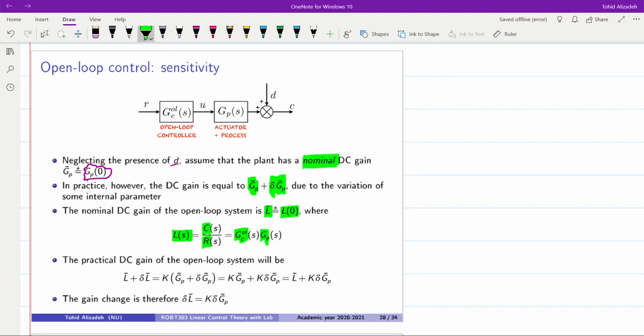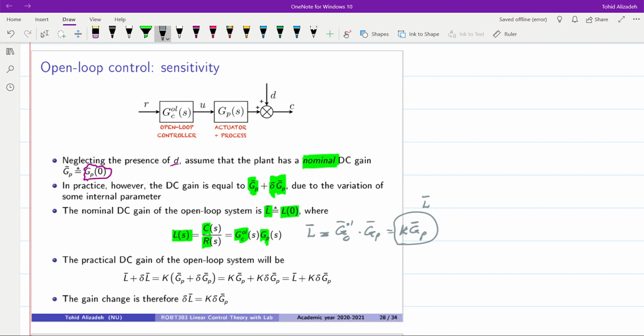If we find out the nominal value for this, the nominal value for the DC gain of the open loop system will be equal to GC bar, and we can replace GCOL bar with K, so it is K times GP bar. This is the nominal value that we have for L bar.